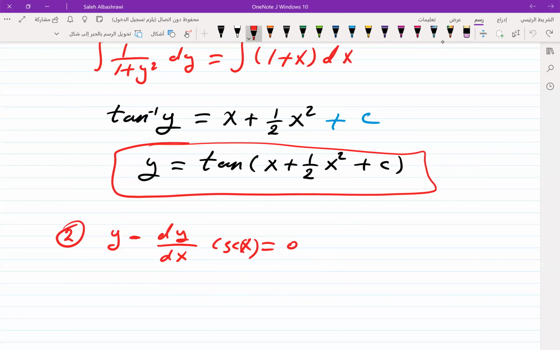To find the solution for this differential equation.